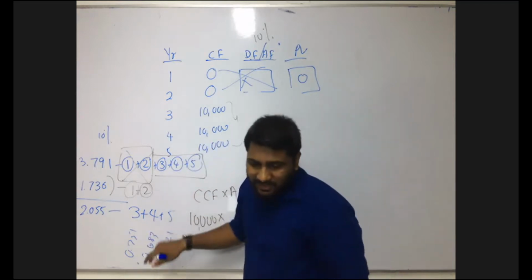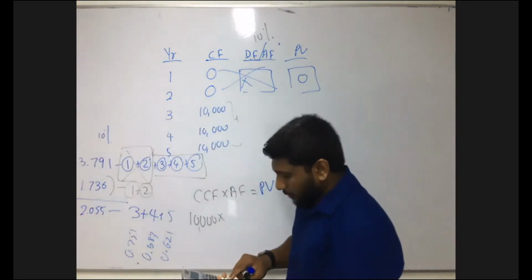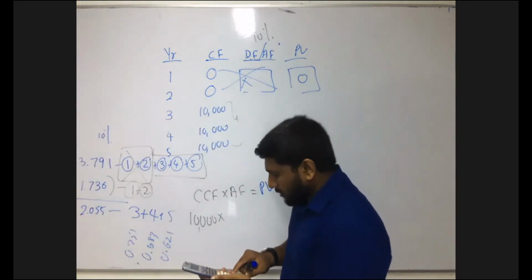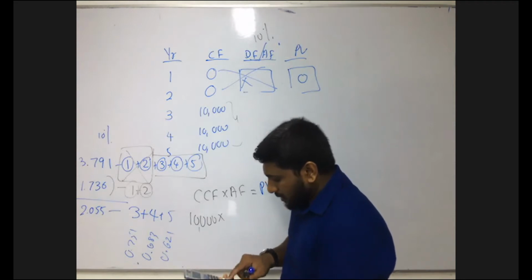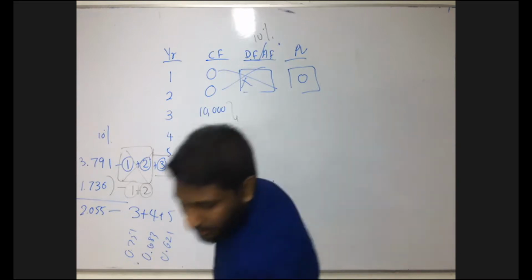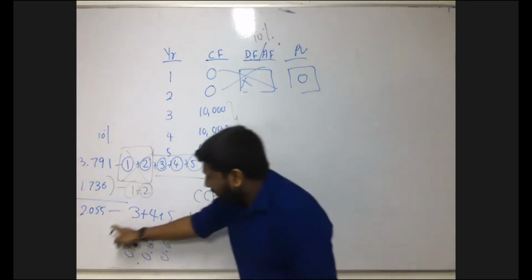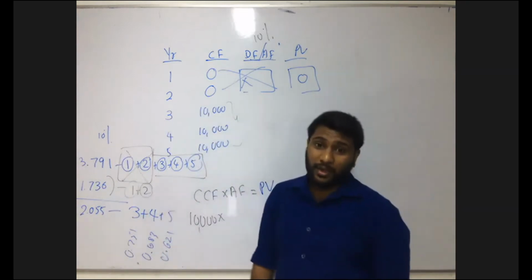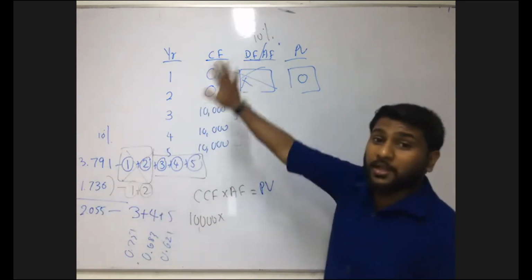These three, added, give an answer near this: 0.751 plus 0.683 plus 0.621. How much is that? You are getting 2.055. You get the same answer. This is how, guys, you have to find the annuity factor for this particular question.